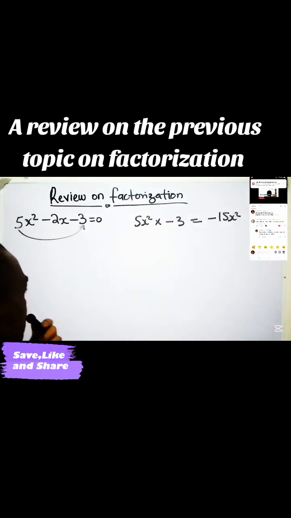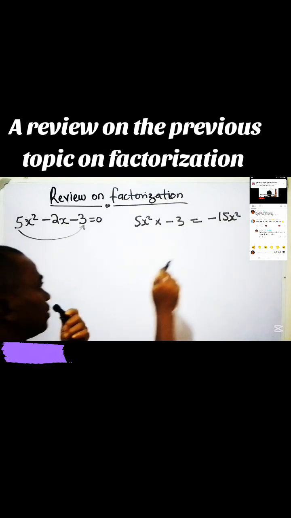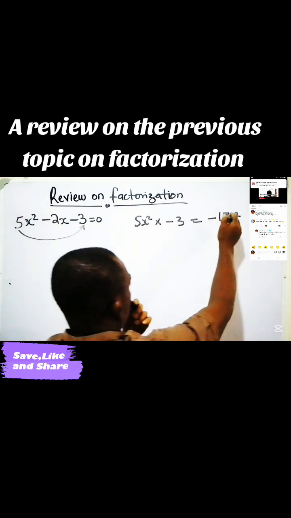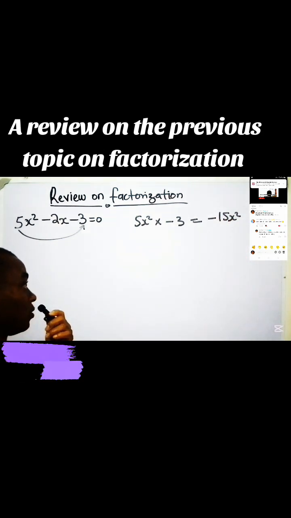Now, the next step is to find two numbers. This minus 15x square is what we call the product.